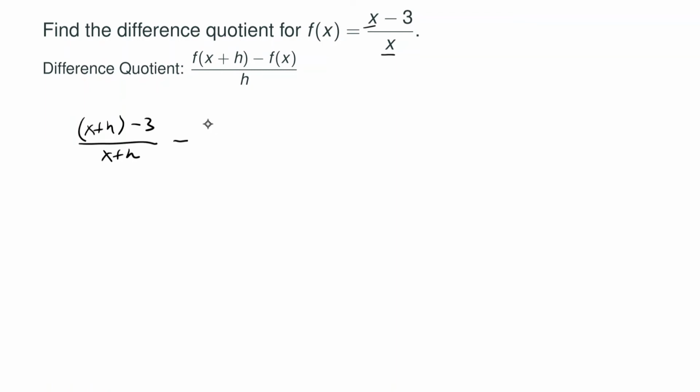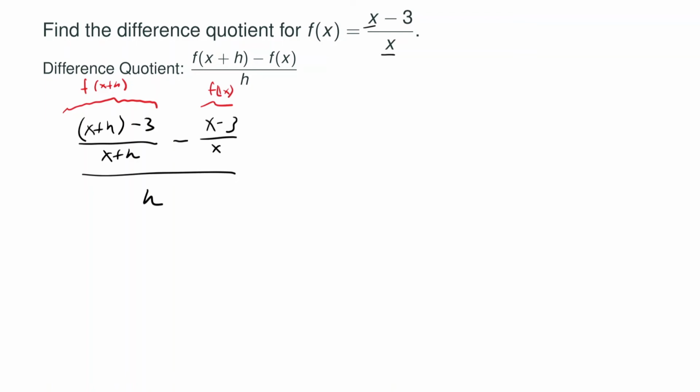Minus f of x is just x minus 3 over x, all over h. This is just f of x, which we wrote with the given equation.